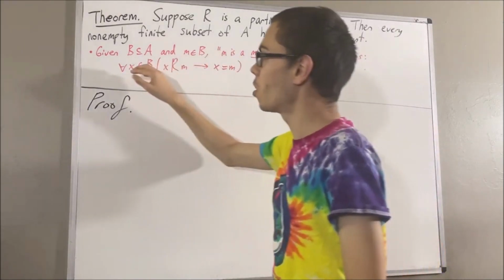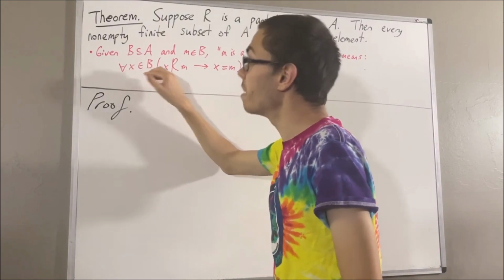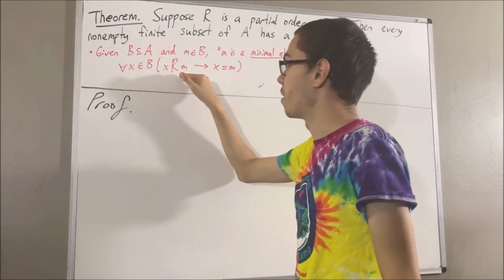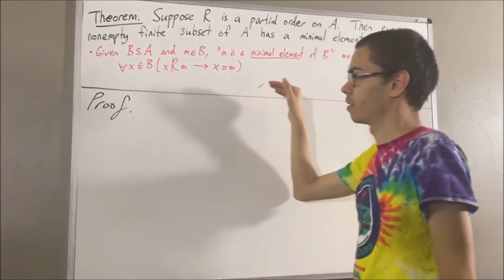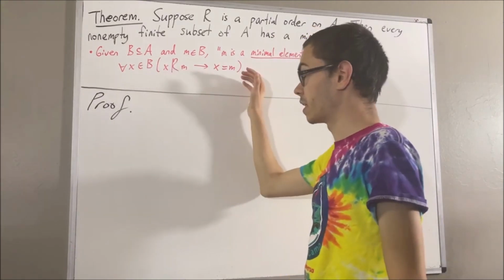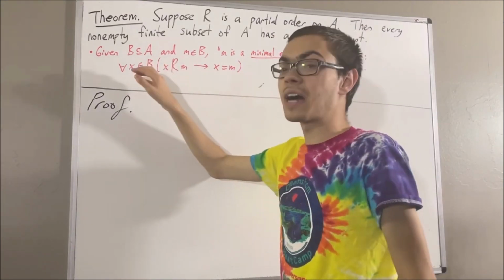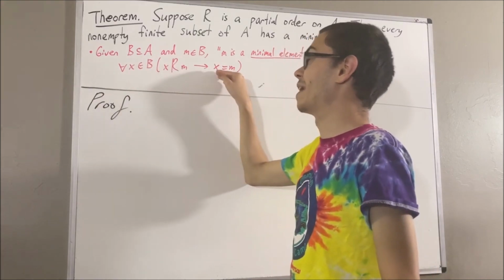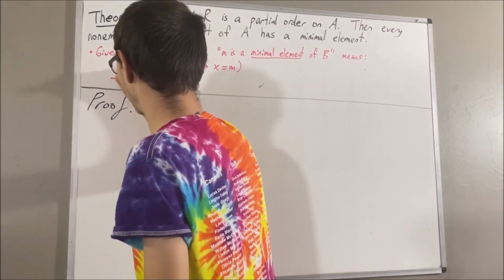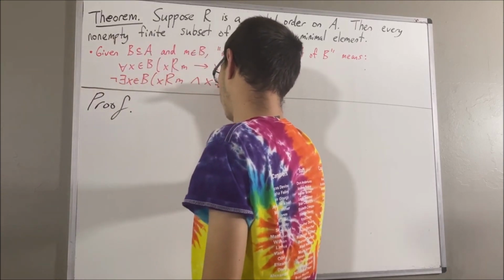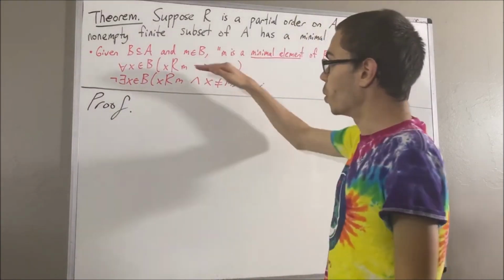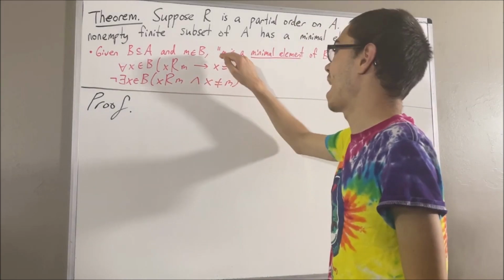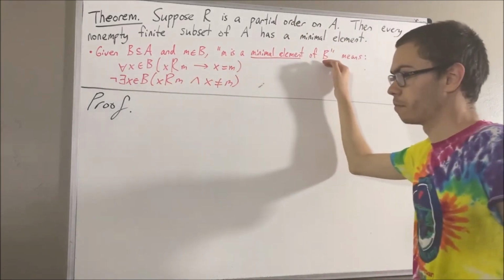It means for all elements X in B, if X R M, then X is equal to M. Another way of putting this is there is not an element X in B such that X R M and X is not equal to M. Both of these things mean that M is a minimal element of B.